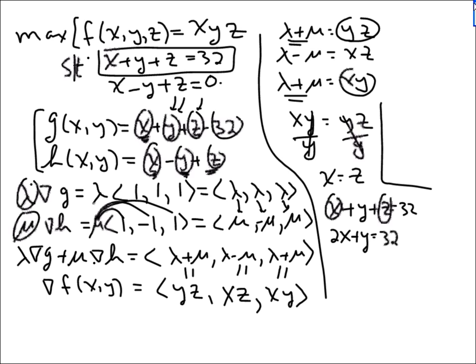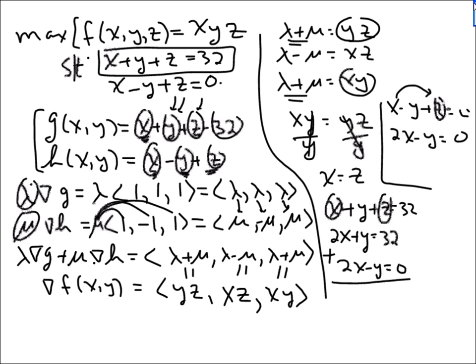If I go to the second constraint, which says x minus y plus z is 0, this is x. x plus x is 2x minus y is 0. So 2x minus y is 0. If I add these, the y's cancel out, and I get 4x is 32. That means x is 8. But x is the same as z.